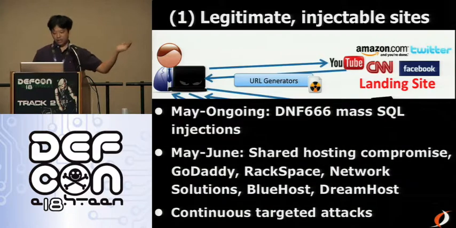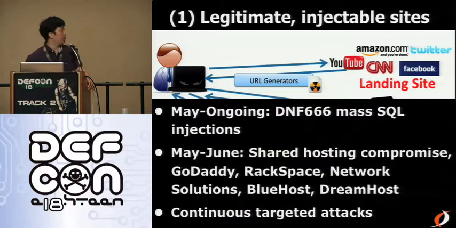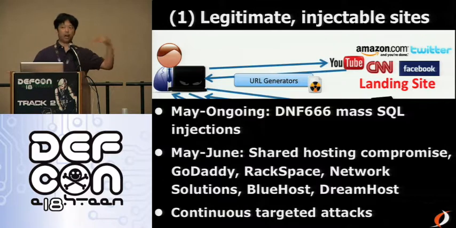Recent incidents, DNF 666, and then in May to June, there was a mass shared hosting compromise, which included GoDaddy, Rackspace, Network Solutions, Bluehost, and DreamHost. Some of these, after being compromised, weren't used to serve drive-by downloads, but instead other types of malware, such as fake antivirus.